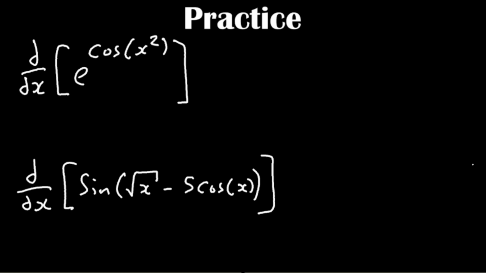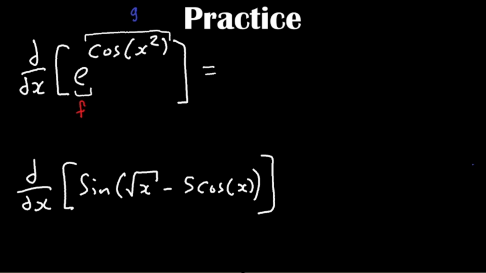Alright, so there are 2 more problems that I'm going to go through. So for this first one, we have e to the cosine of x squared. So we kind of have to use chain rule 2 times. So we have an outermost function that's e to the x. So that's f. And then let's call this function g. That's our inner function for now.